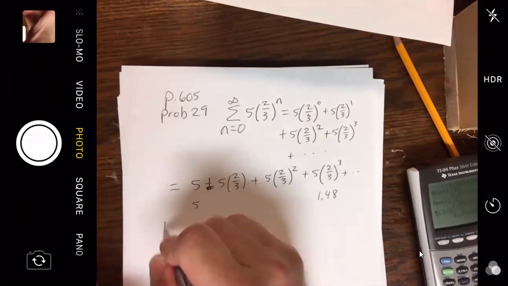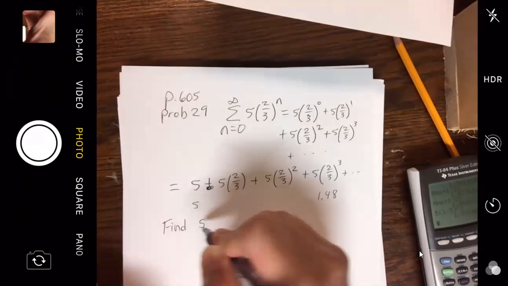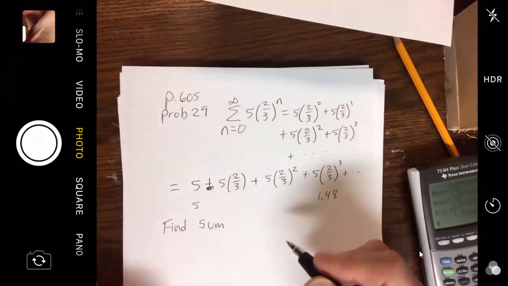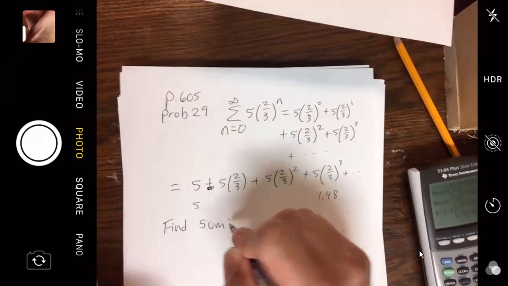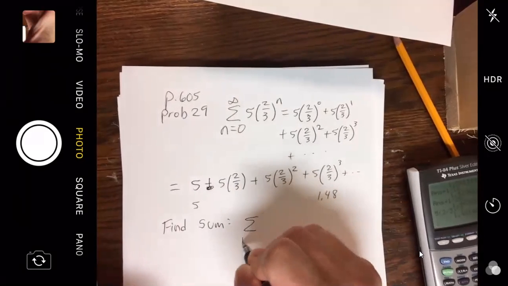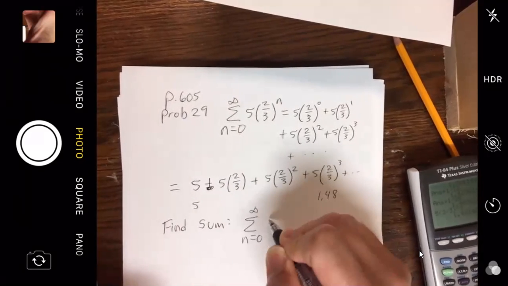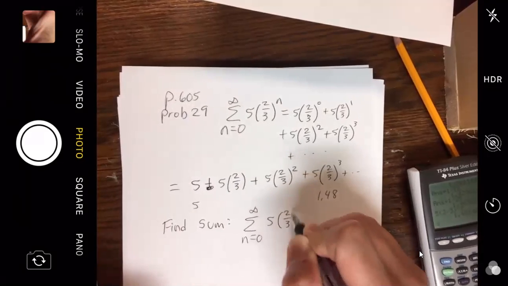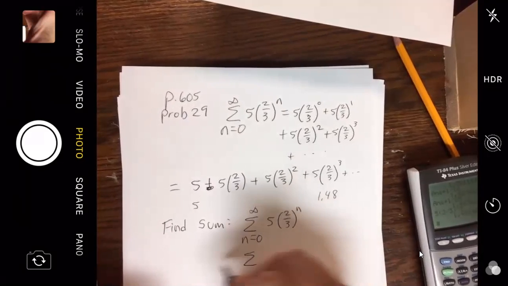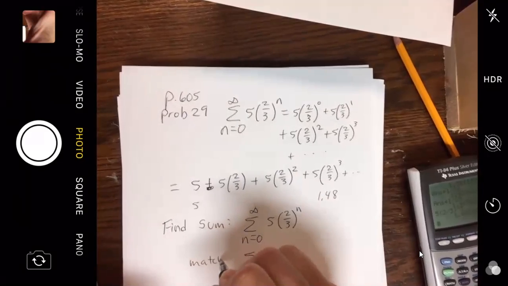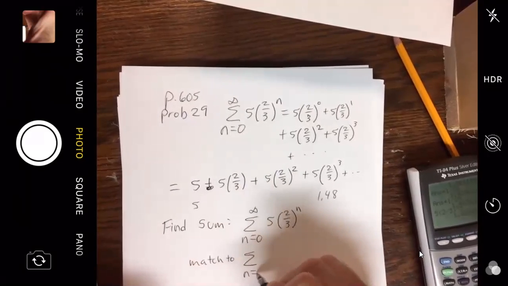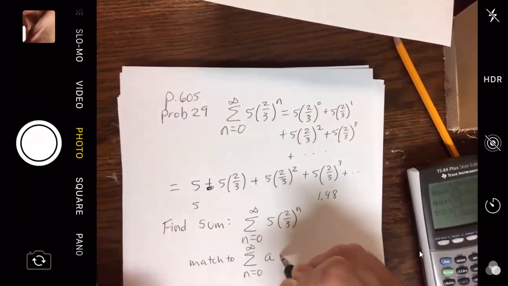All right, to find the sum, you just have to find what your A and R are. So you have the sum of n equals 0 to infinity of 5 times 2/3 to the n, matched to the sum of n equals 0 to infinity of a r to the n.